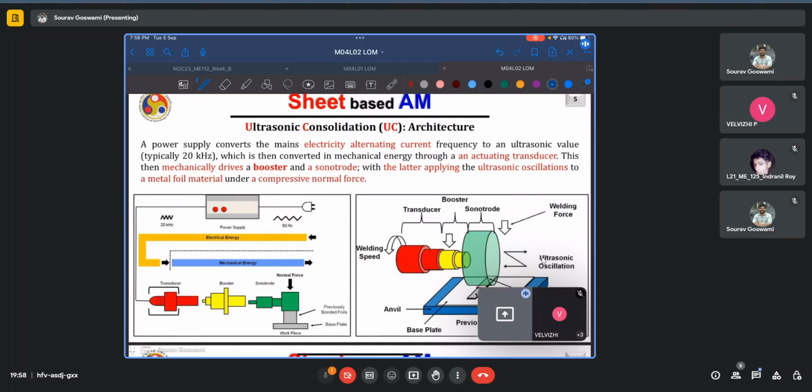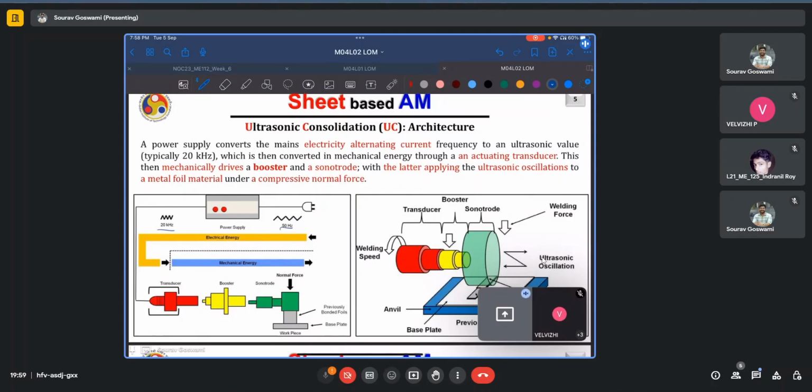How we apply the ultrasonic energy to this process is that a power supply first converts the mains electric alternating frequency, which is typically 50 hertz or 60 hertz, 50 hertz here, to an ultrasonic value, which is around 20 kilohertz.